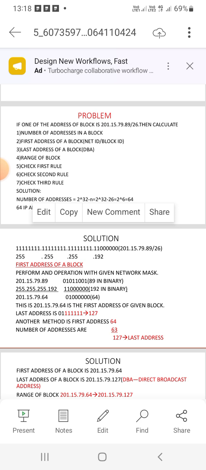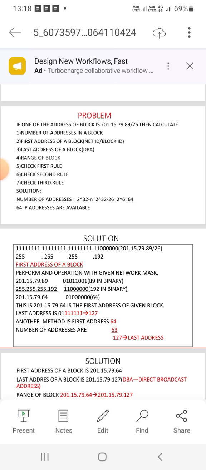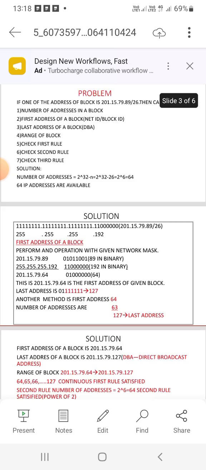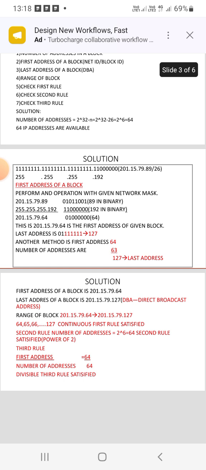The given address is 201.15.79.89 and the mask is 255.255.255.192. Performing the AND operation, we get 201.15.79.64, which is the first address of the given block.